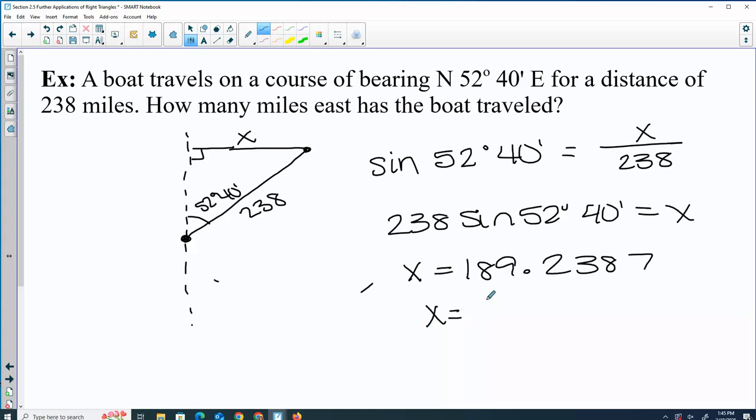How many significant digits did we have? 3. So we would just round this to 189 miles.